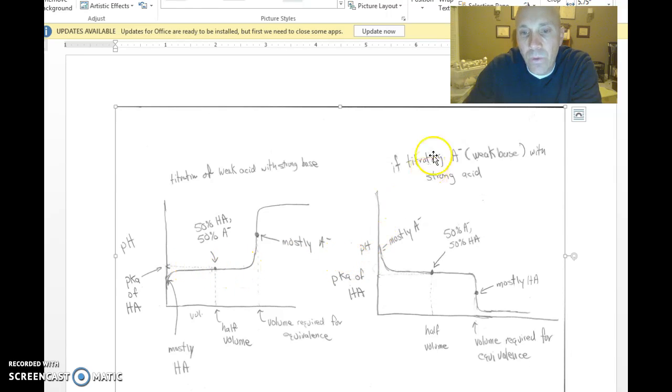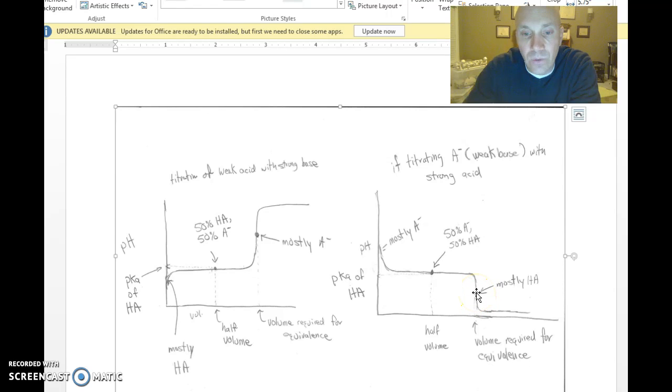Well, when you're titrating a weak base with a strong acid, you get that same buffer region, except it's eventually going to be going slightly downward. Then we hit this sharp drop off, and in the middle of that sharp drop off, we're going to have an equivalence point.